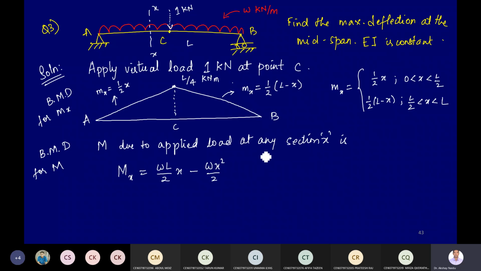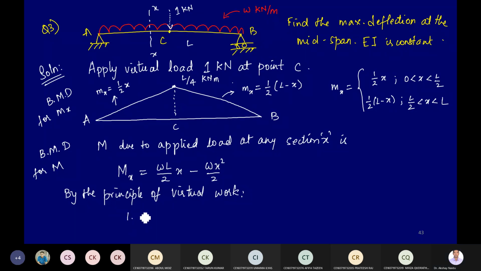So, by the principle of virtual work, 1 times delta C is integral 0 to L of small m capital M by EI dx.